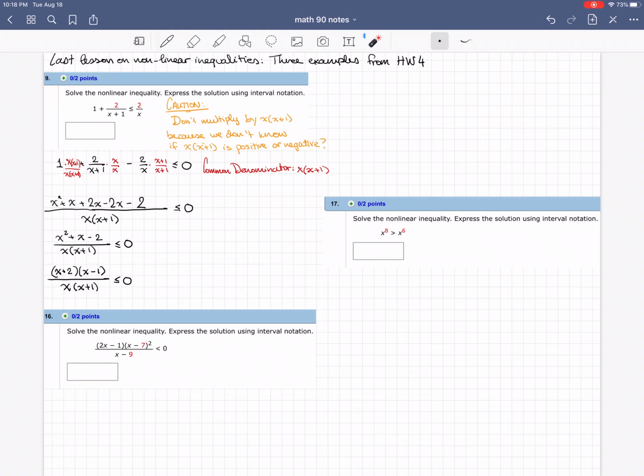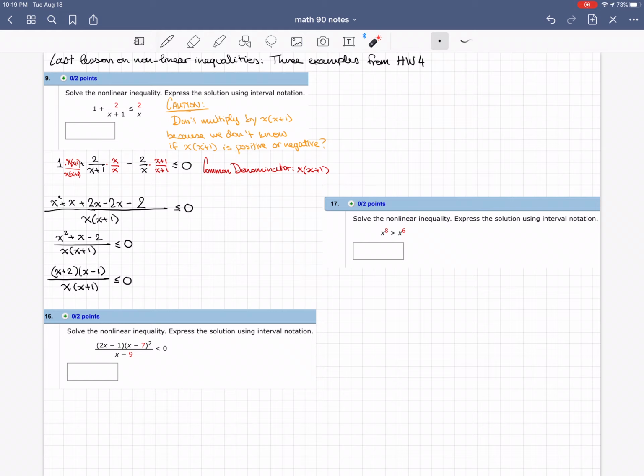This allows us to see the critical numbers. It allows us to construct the sign chart quickly. Notice no non-negative factors here. There are no perfect squares, no even powers. It's just singletons. So what that tells us about our sign chart is that we're not going to have any critical numbers where the sign won't switch passing through.